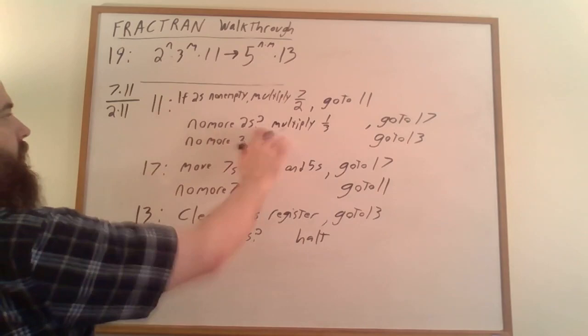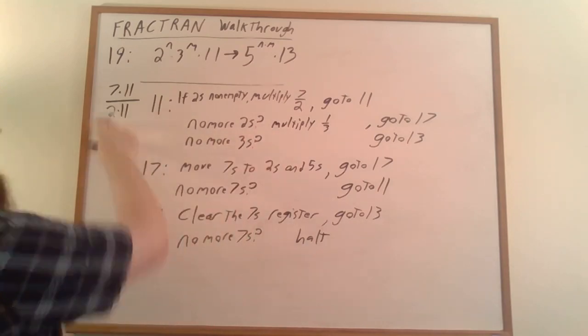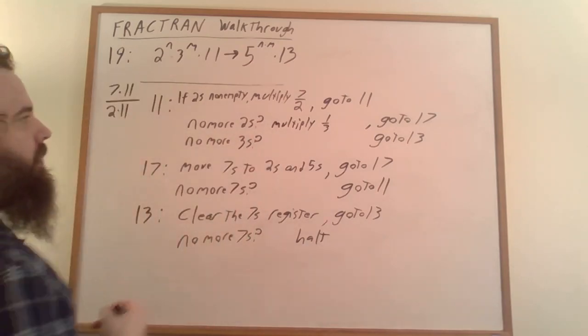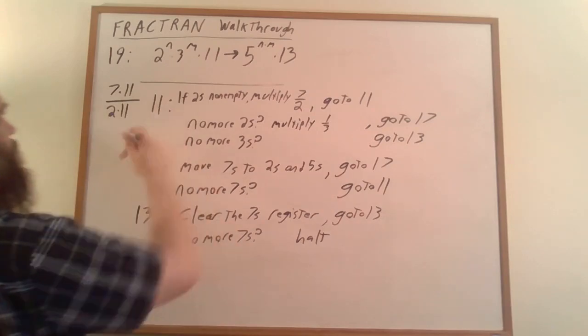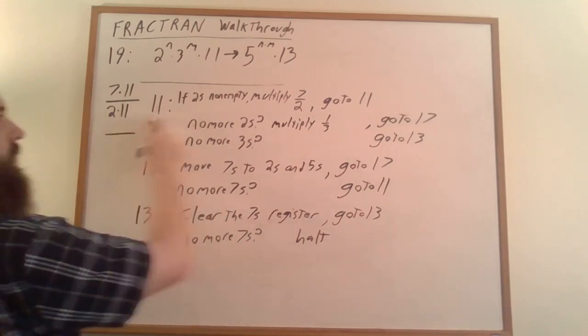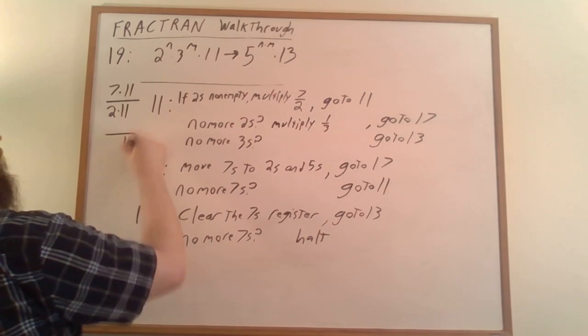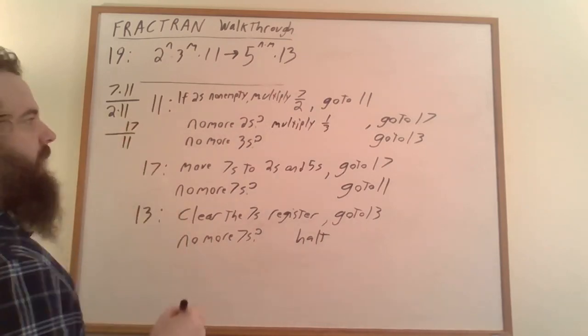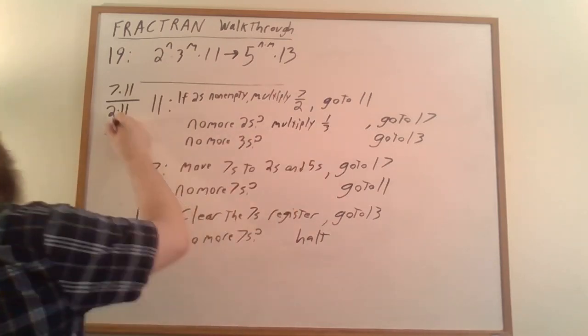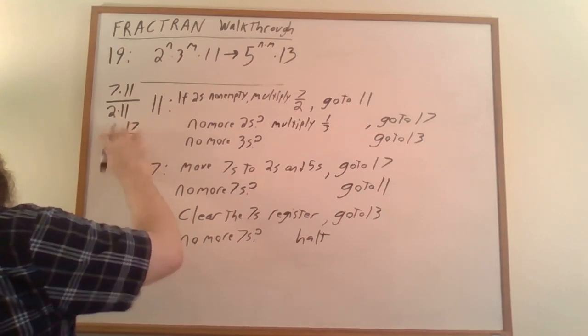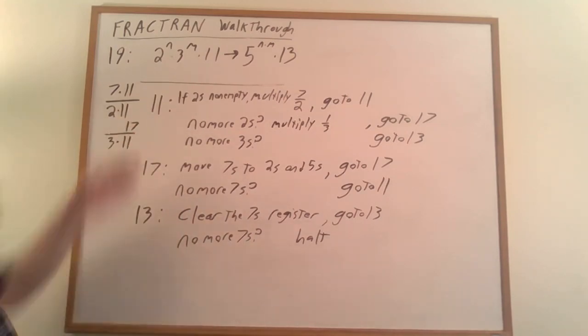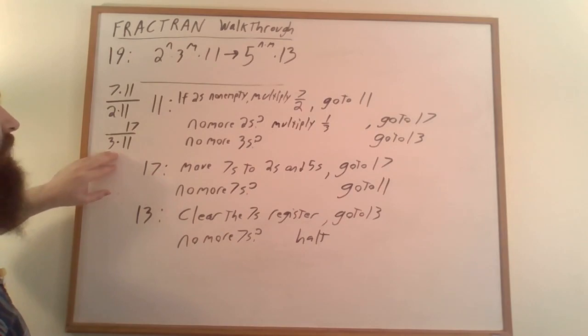This second operation, well, if there aren't any 2's left, we can't multiply by this fraction, and so we want to switch states from state 11 to state 17. And then we want to multiply by 1/3. I guess we don't need that 1 there. So this next step is going to look like this fraction.